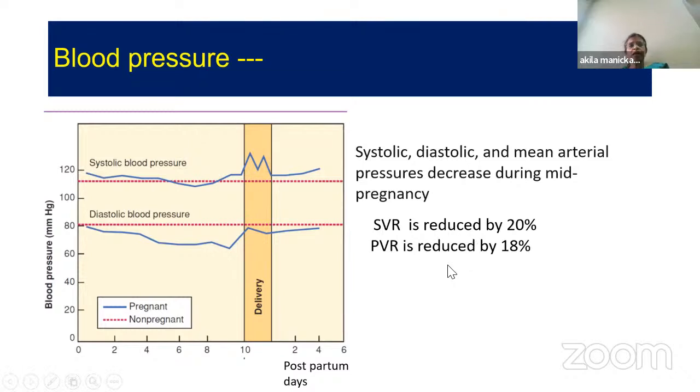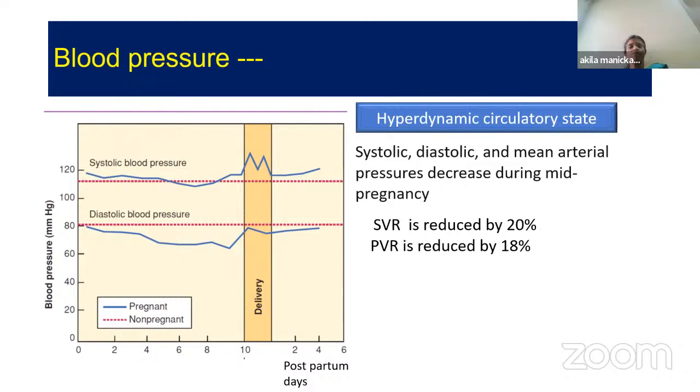So whenever there is a mild fall in systemic vascular resistance, since it is a fixed cardiac output state, a tachycardia has to occur to increase the cardiac output. This is poorly tolerated by these patients, and hence they manifest with cardiac failure.